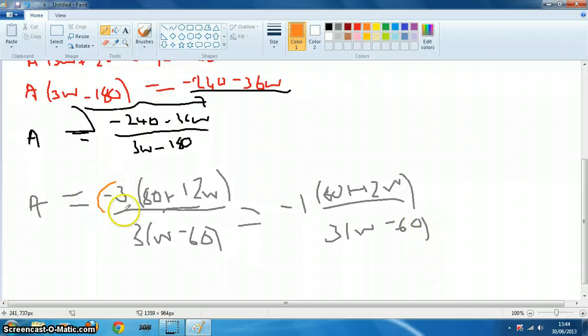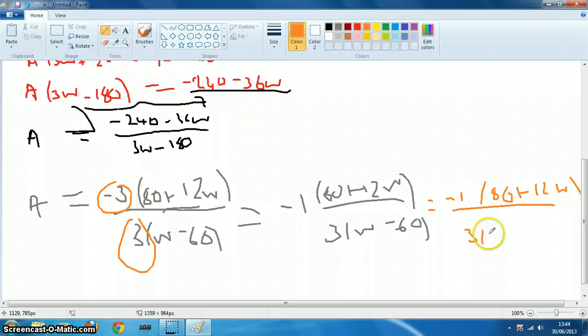So all we have done is simplify by doing minus 3 divided by 3, which is minus 1. 80 plus 12W stays the same, and 3W minus 60 stays the same. There's nothing in common between them. And this, my friends, is the answer. So the answer is minus 1 times 80 plus 12W over 3 open bracket W minus 60 close bracket.